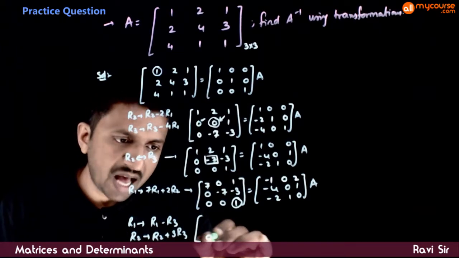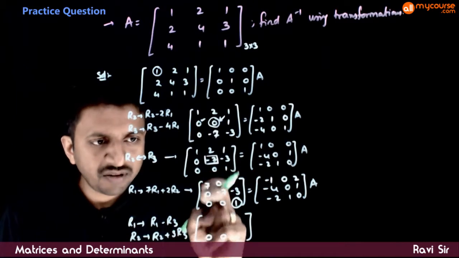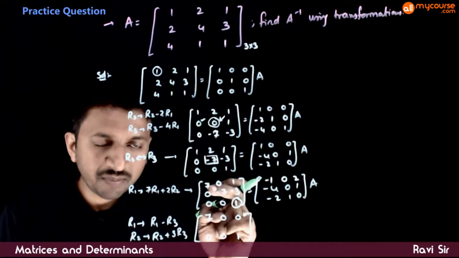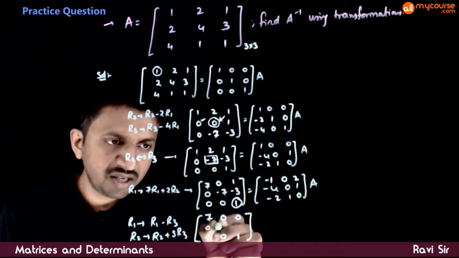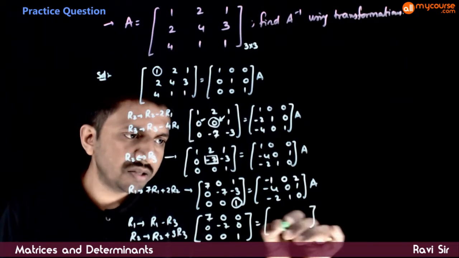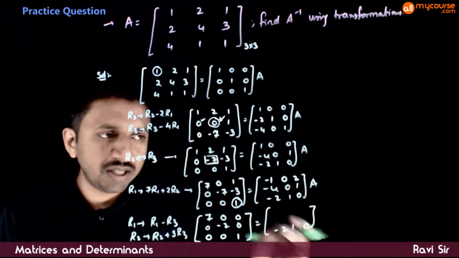After this transformation, R3 will remain the same. So the left matrix becomes 7 0 0, 0 minus 7 0, and 0 0 1, is equal to, here also minus 2, 1, 0 is the same.